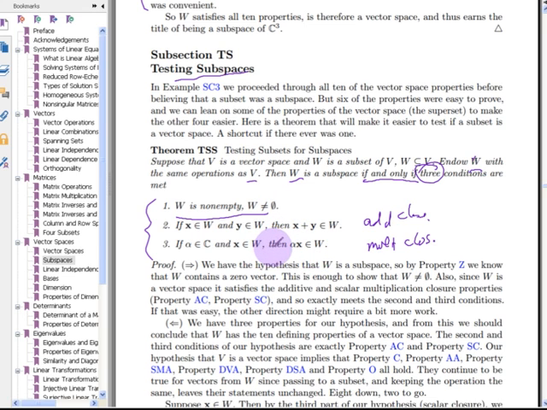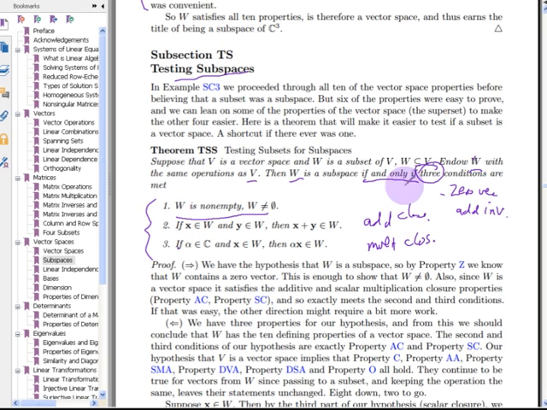Okay. All right, now if you go back to what we had to check in our previous example, we also had to check on the 0 vector. We had to check on additive inverse. There were a couple of other things we had to check as well. And let's start on this. If we have these 2 properties, can we guarantee that the 0 vector is in W?